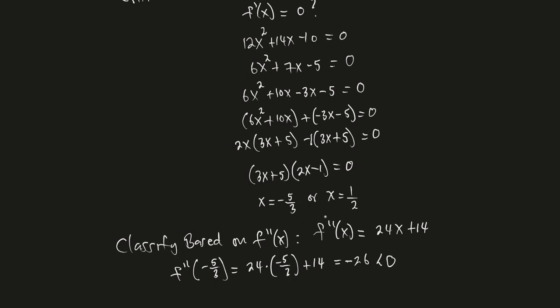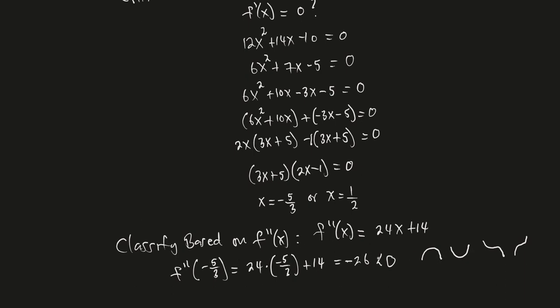So let's put a little sketch together to illustrate what is going on. So at negative 5/3, we have a stationary point. So we know it has to be either like this or like this, right? There can't be any sharp corners, or actually it could look like this as well, or like that, right?